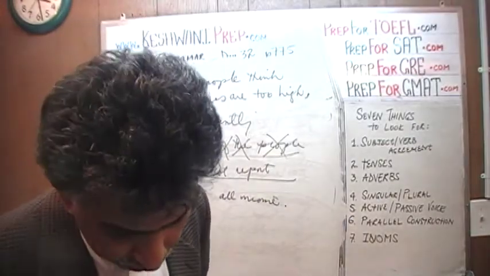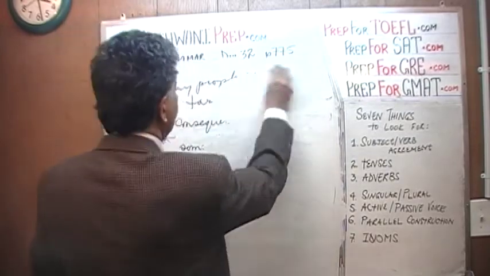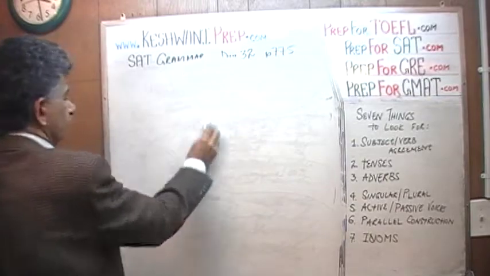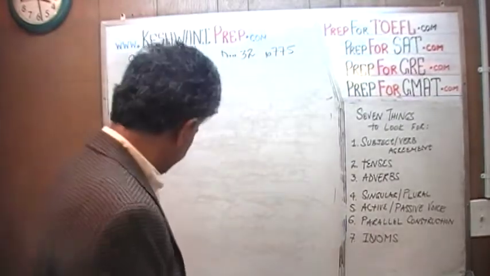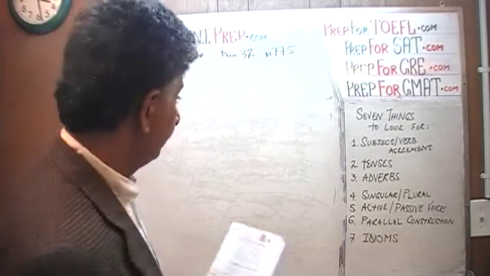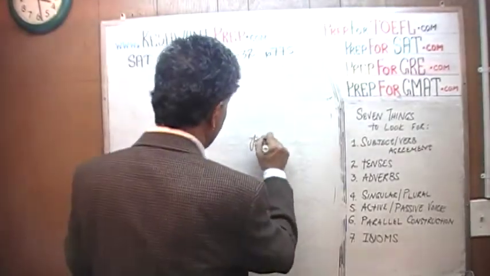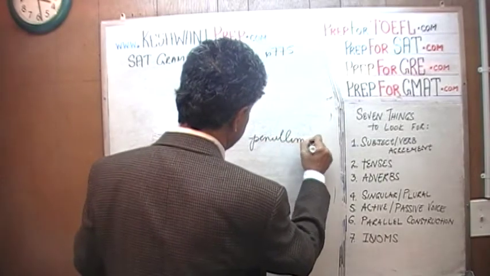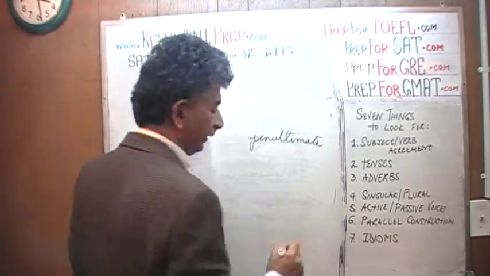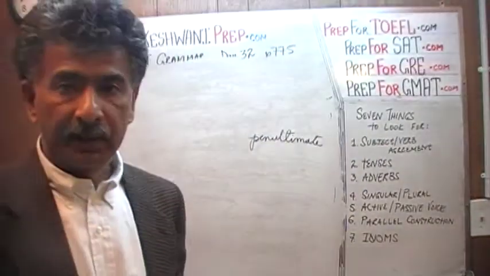All right, let's go on to the penultimate one, number 10. I can't help it. I have to get it out of my system, even though we have come across this word many a time. The word that we just used was penultimate. Penultimate is a very fancy way of saying second to the last.